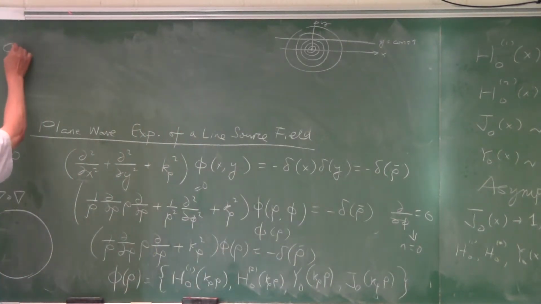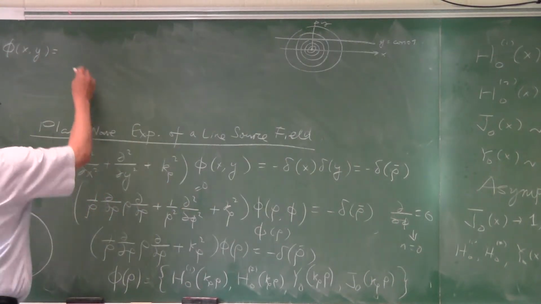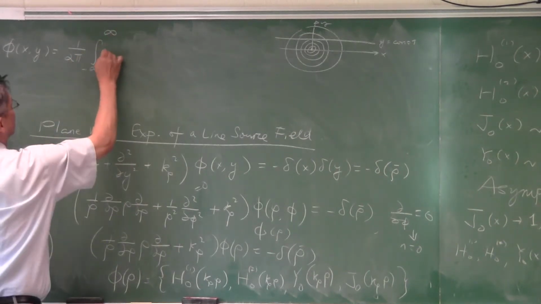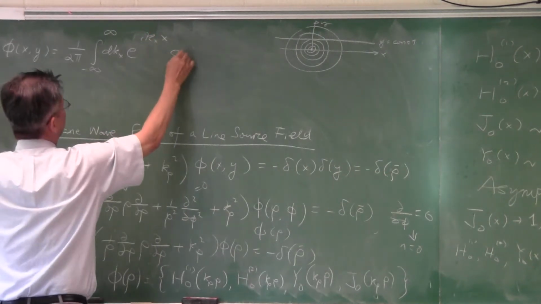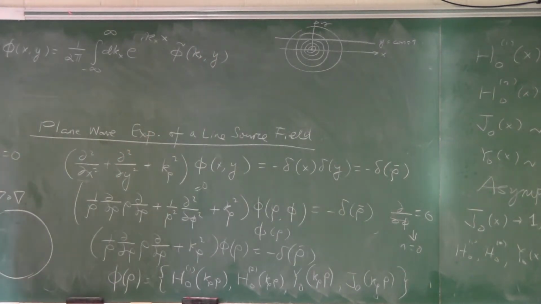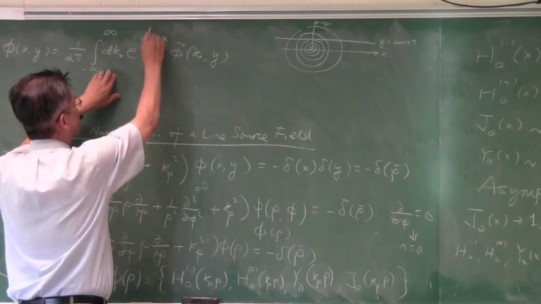And then I can say that phi of x, y must be equal to a Fourier transform integral over kx of e to the I kx x times phi tilde of kx, y. This is just a Fourier transform statement. And why is it that I can do this? What is the reason that I can write a function of x in terms of a Fourier transform?